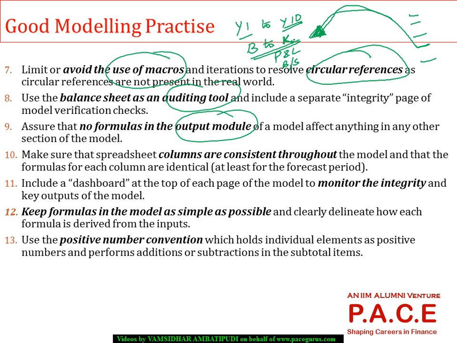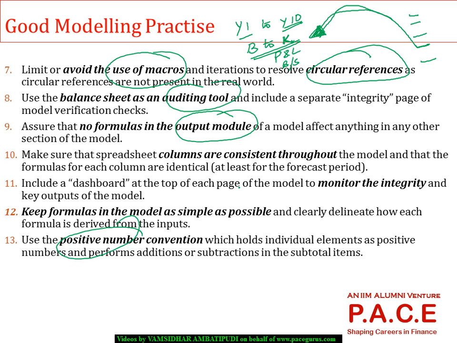And some conventions with respect to positive numbers, negative numbers, with specific red conventions, or brackets and red conventions. Some such formatting conventions are good to use as part of a good financial model, right? So these are all nothing to do with finance.